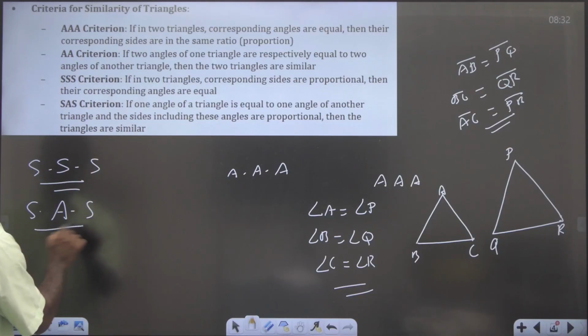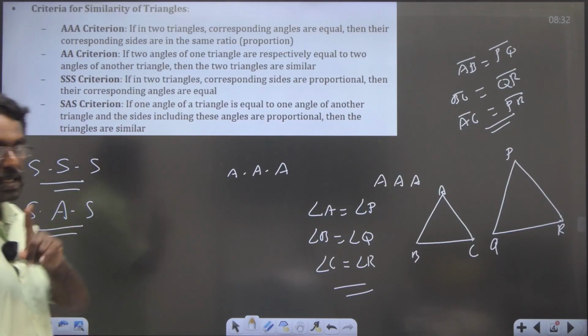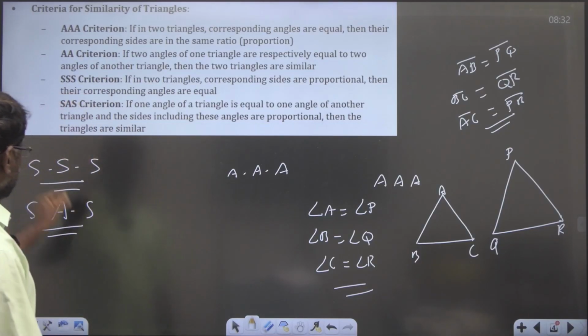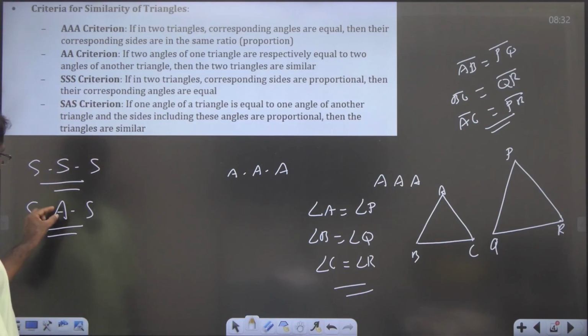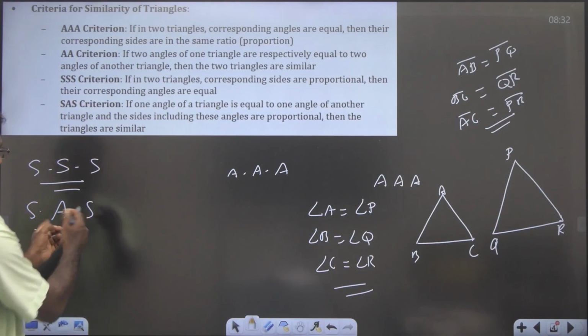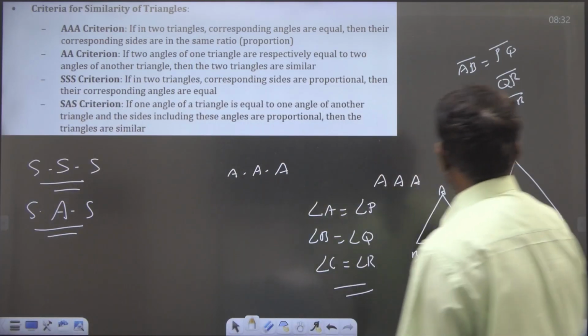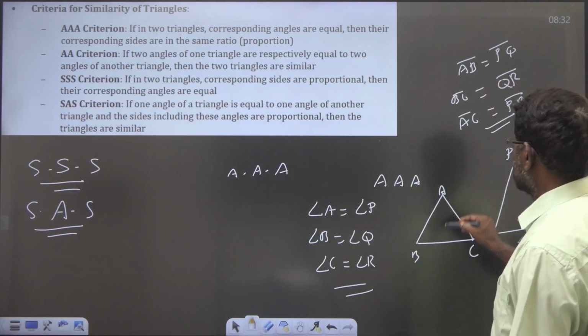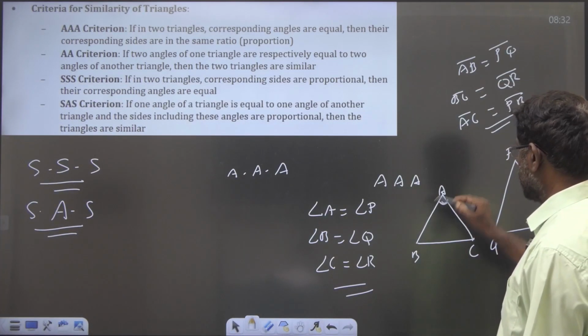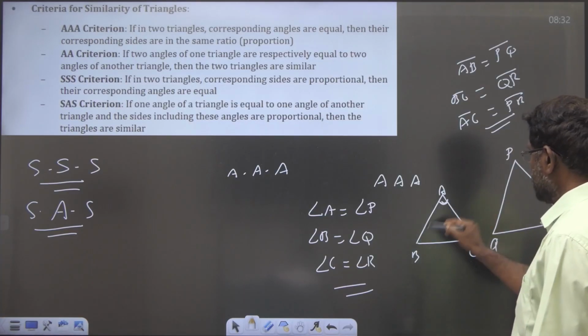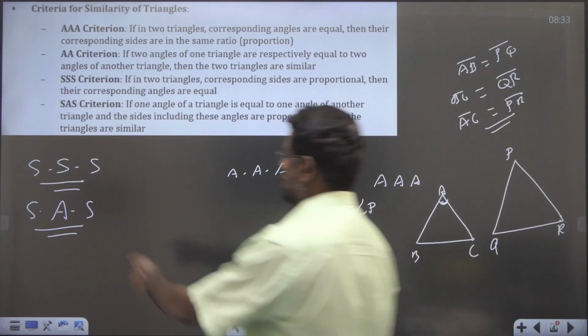Next is SAS. SAS means two sides and one angle. Side, angle, side. This angle is in between these two sides. For example, if we take AB and AC, then consider this angle A, that means in between these two sides. That is called SAS.